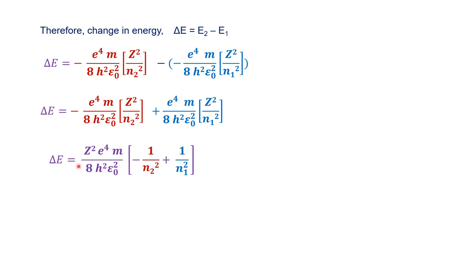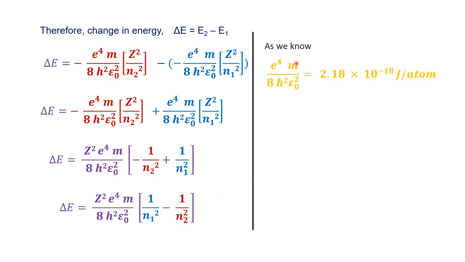These terms should be kept outside the square bracket, and the terms that change are only the number of shell or number of orbit, so they should be kept inside the square bracket along with their sign. Now here it is plus, so we will move it to the start, so it will be 1 divided by n1 square, and it has minus sign, so it will move to the inner side, that is minus 1 divided by n2 square.